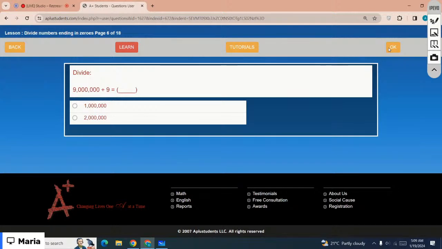Next, 9 million divided by 9. 9 million divided by 9 is 1 million. The correct option is 1 million.